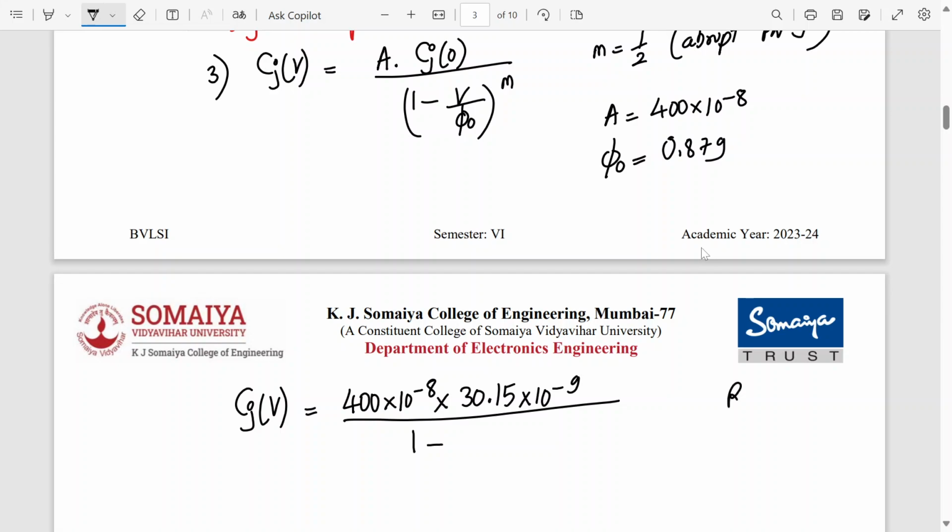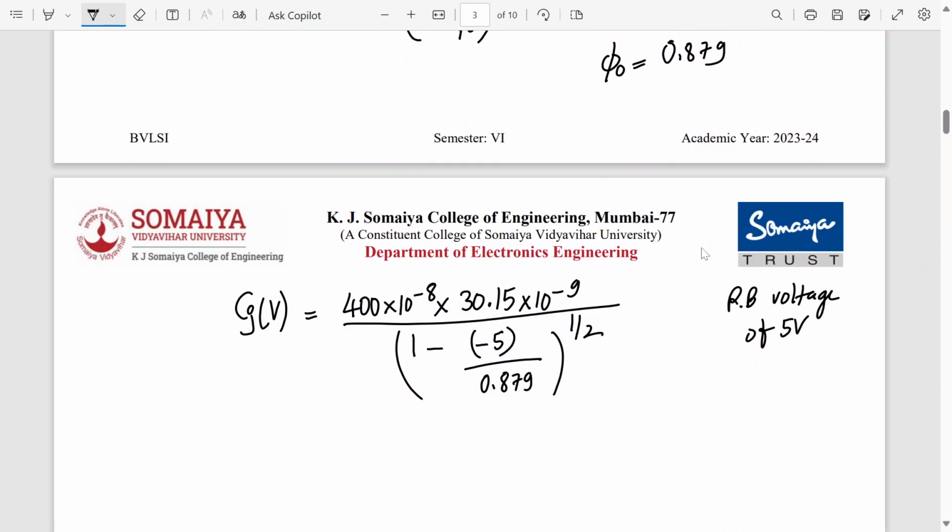Because it's a reverse bias voltage of 5 volt, that means it is minus 5. So it is minus 5 divided by 0.879, the whole raised to half. So calculate this number, please. So Cj of V will be, this multiplication in the numerator is 120.6 into 10 raised to minus 15, and in the denominator we get around 2.586.